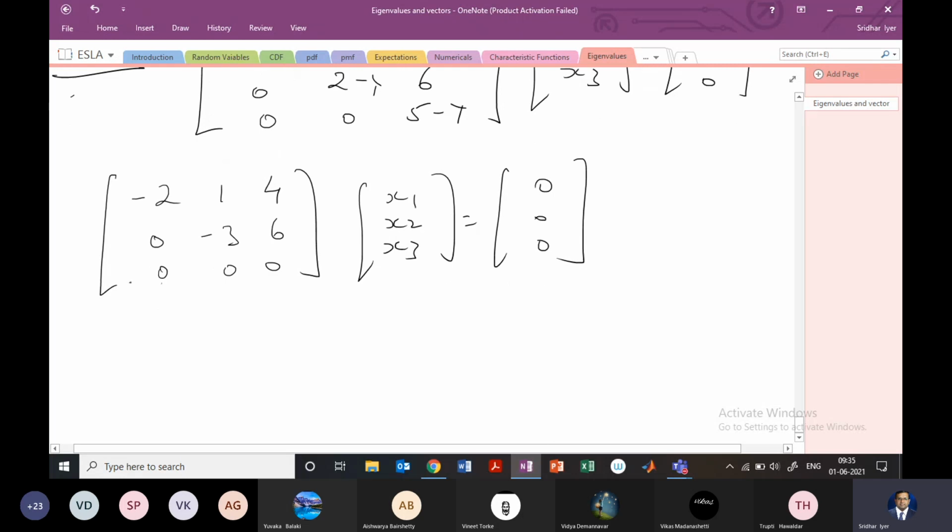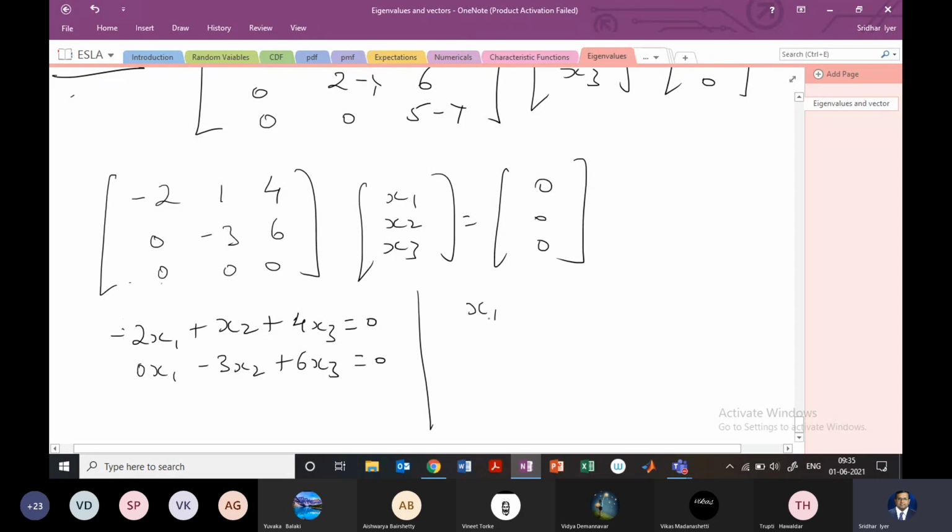The equations we'll have are negative 2x1 plus x2 plus 4x3 equal to 0, and 0x1 minus 3x2 plus 6x3 equal to 0.